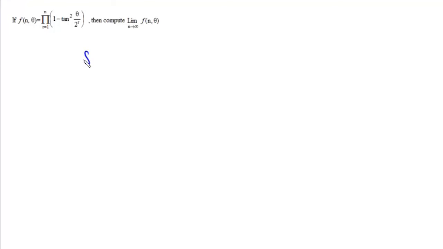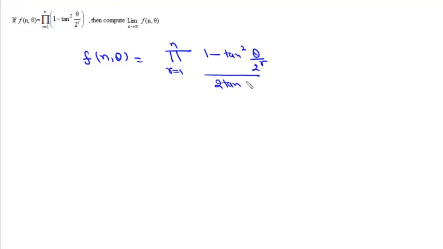Now in this question we are given f n theta, and it is given as the product r varies from 1 to n of 1 minus tan square theta upon 2 to the power r. Now what we'll do is multiply and divide it with 2 tan theta upon 2 to the power r. So it will be the product r varies from 1 to n.